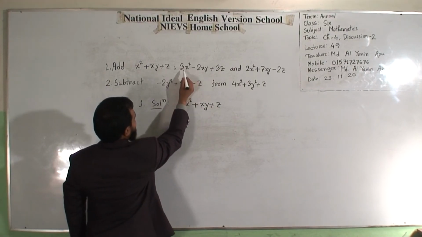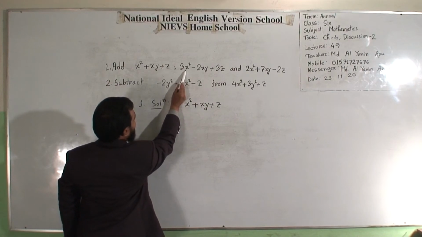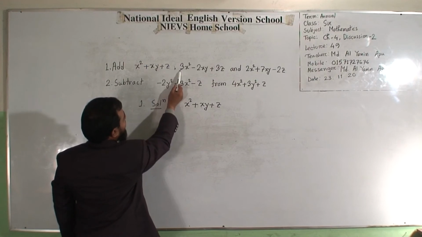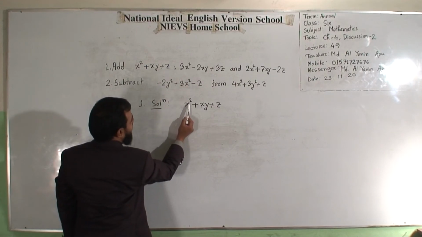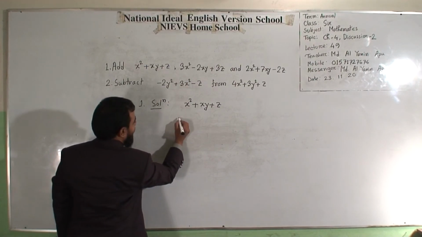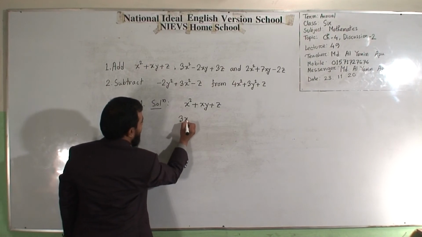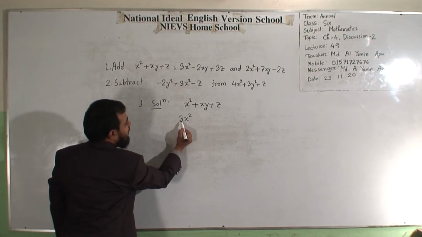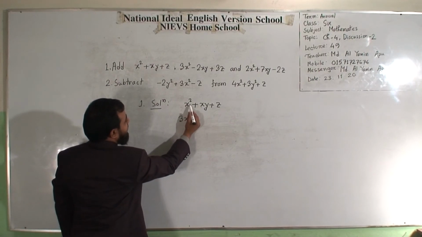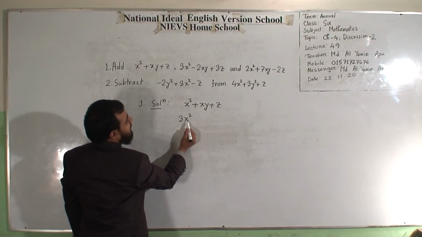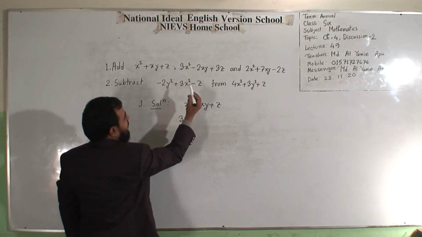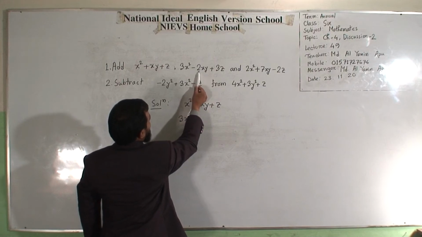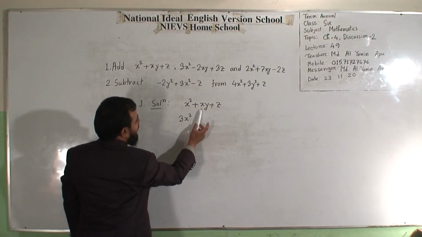We have x square, and 3x square is the similar term of x square. That is why we have to write down 3x square below x square, because 3x square is the similar term of x square. Now the second term is minus twice xy. Minus twice xy is the similar term of xy.